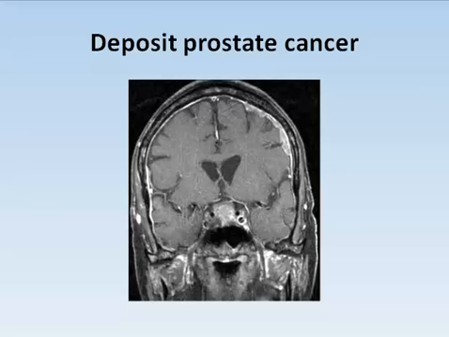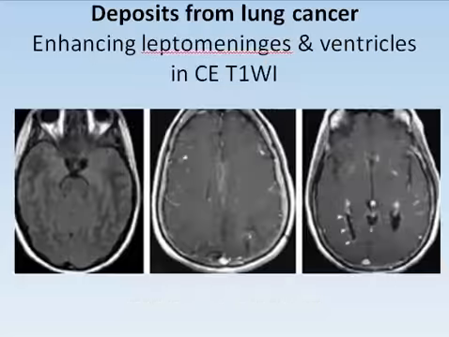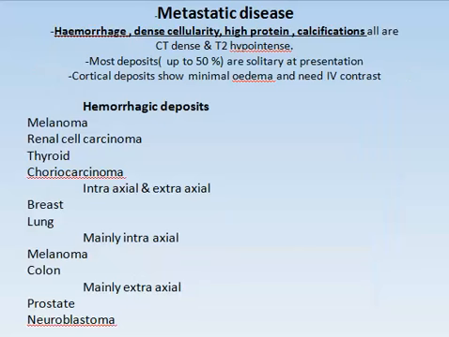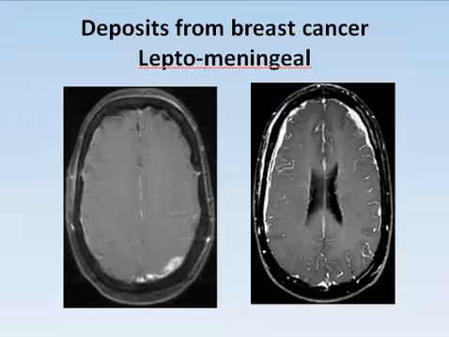Now come to deposits from prostate cancer. Usually it is extra-axial. Here it is. This is our key point, that from prostate it is mainly extra-axial. From neuroblastoma, as we said, due to the suture filling, it is extra-axial. So we have prostate and neuroblastoma, both are extra-axial deposits.